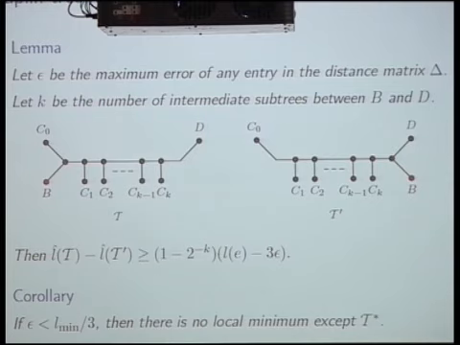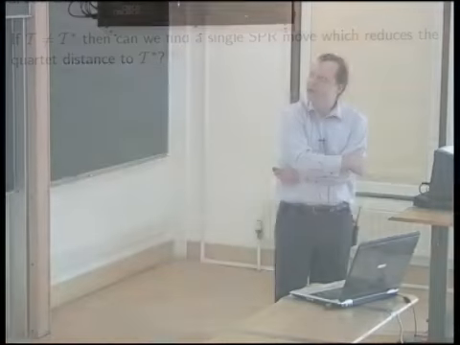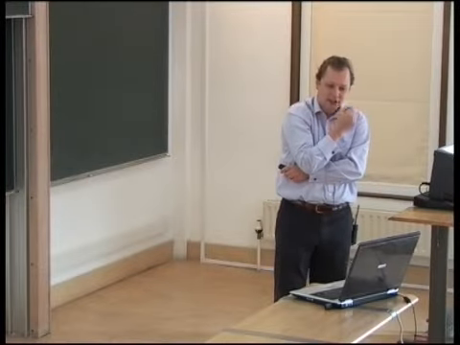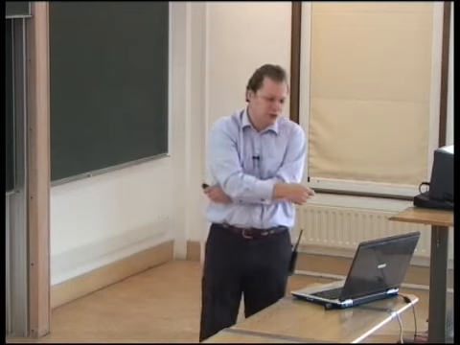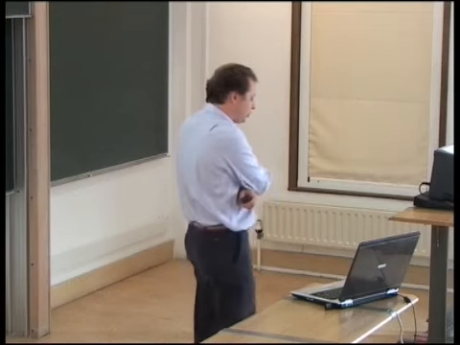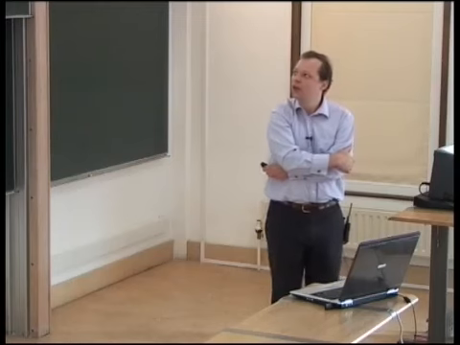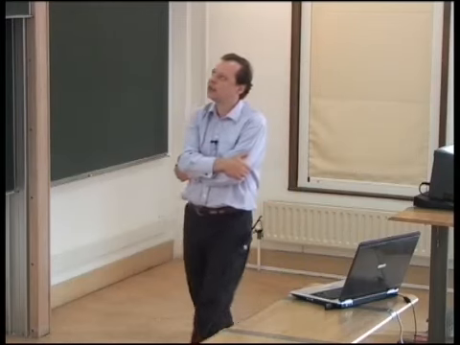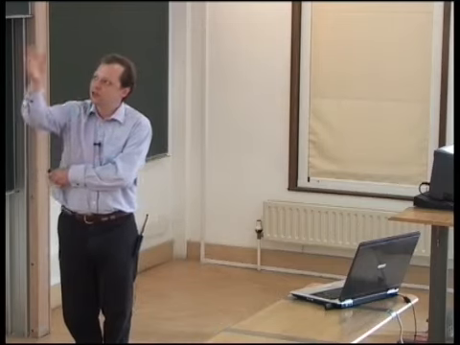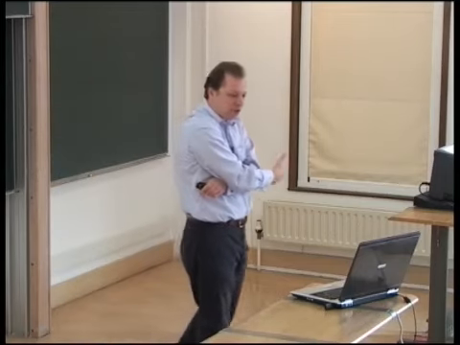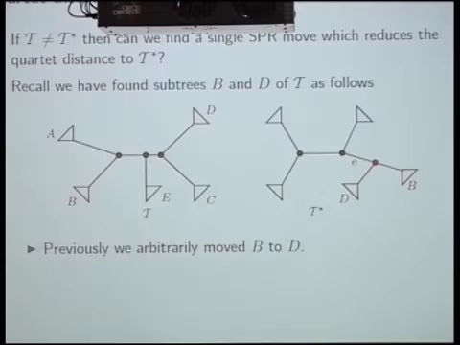So this gives us the main result of the safety radius of a third. But we were also asked whether we could find a single move which reduces the quartet distance to the true tree. Now, the interesting thing is that before, when we found these two subtrees, B and D, which are separated in our current tree but should be together in the true tree, I just arbitrarily moved B up.